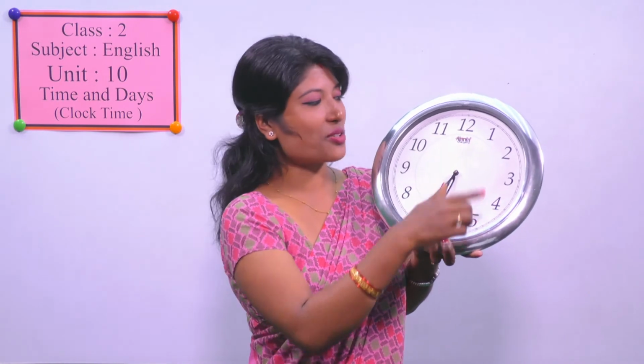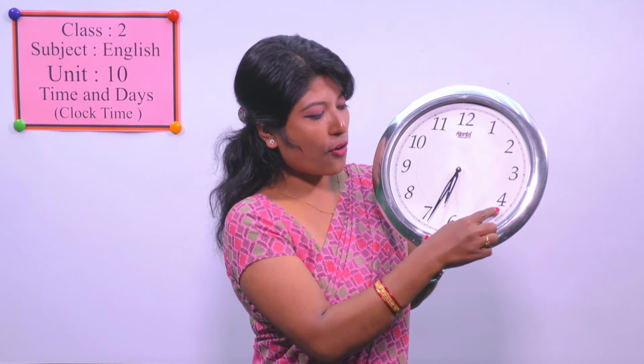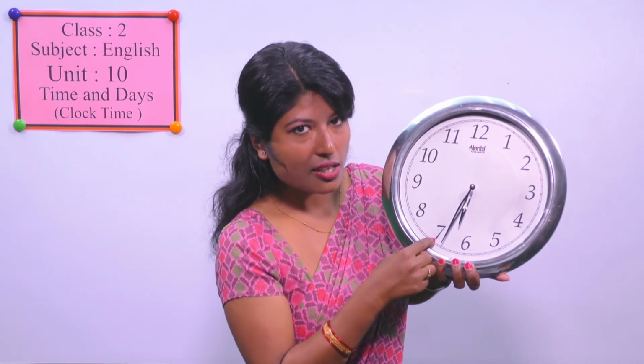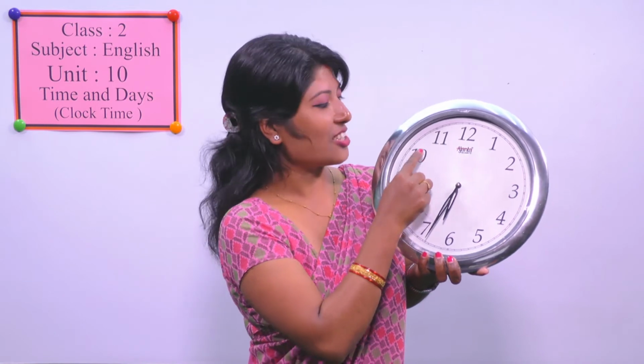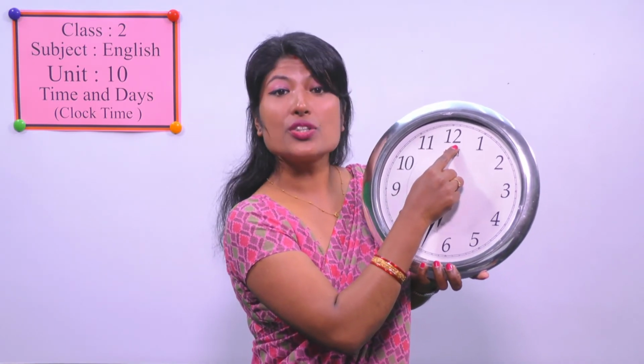These are the numbers. So we have 1, 2, 3, 4, 5, 6. What is this? 7, 8, 9, 10, 11, 12.